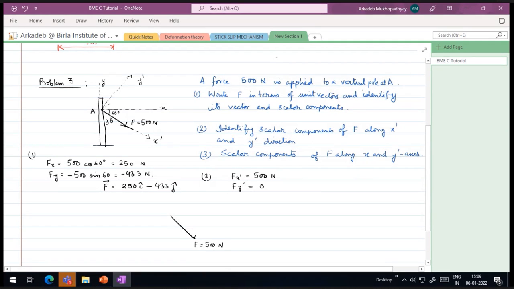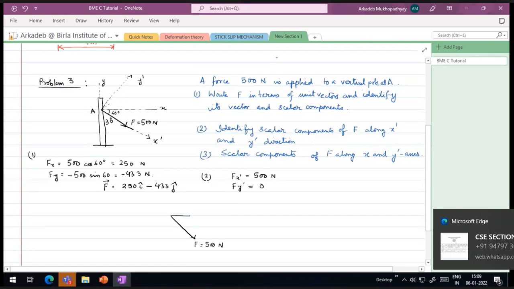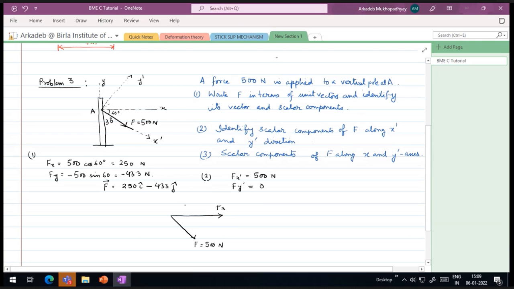Right? So along 60 degree, say we have something like this, we can have fx. And along this direction, if I just extend it like this, will be my fy dash, correct? This angle is 60 degree.